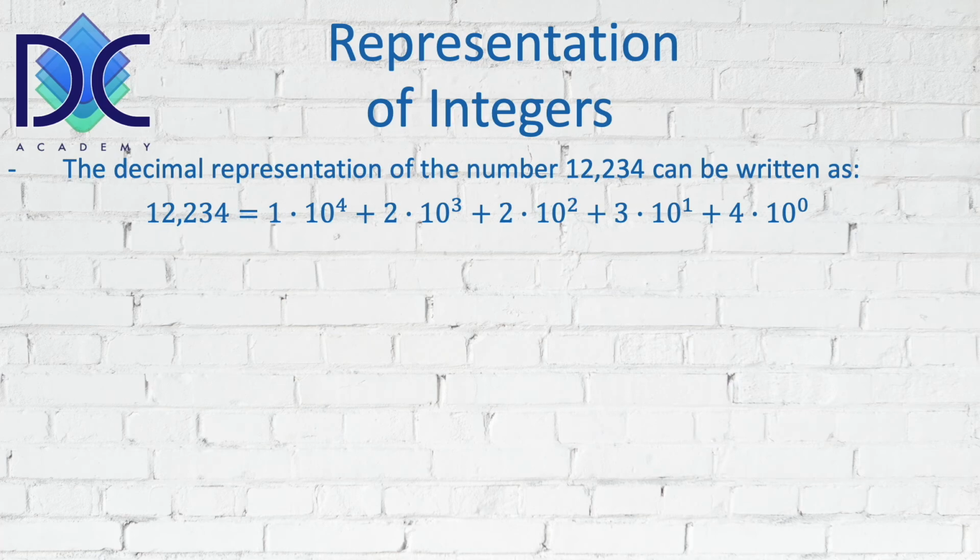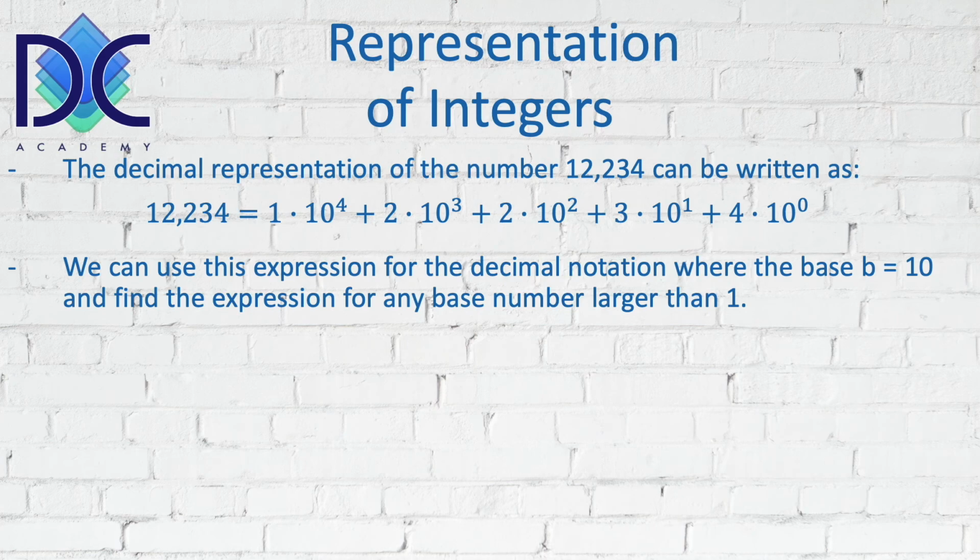This is the way we represent a number in the decimal representation. So we have the coefficients of the powers of 10, which are in fact given in the number 12,234. This is the classical decimal representation.